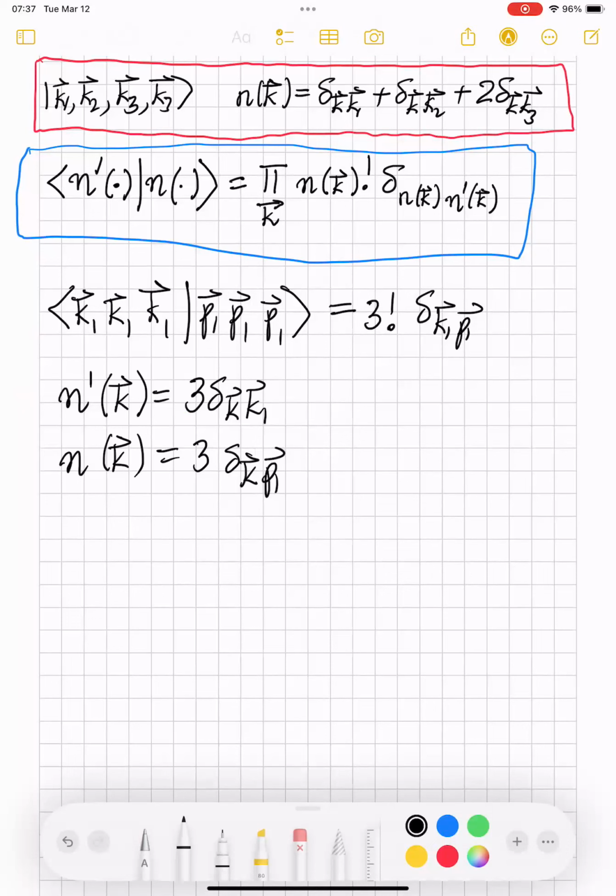Now, what is delta n of k, n primed of k, and let's take a product over k?